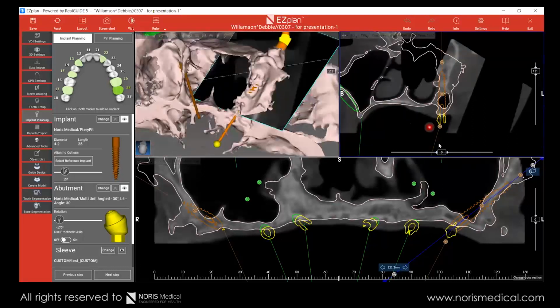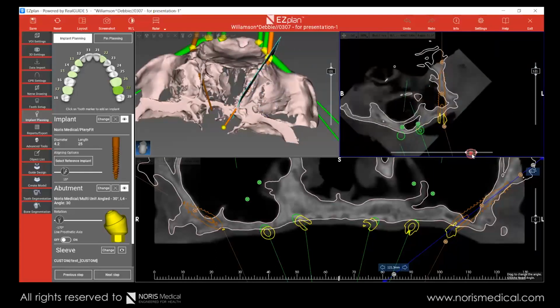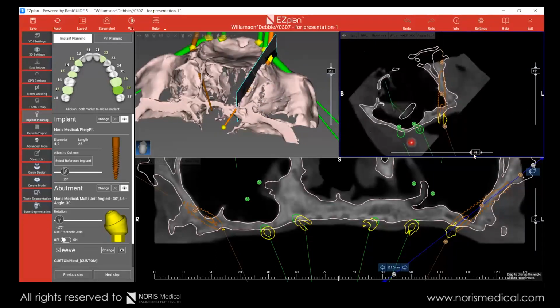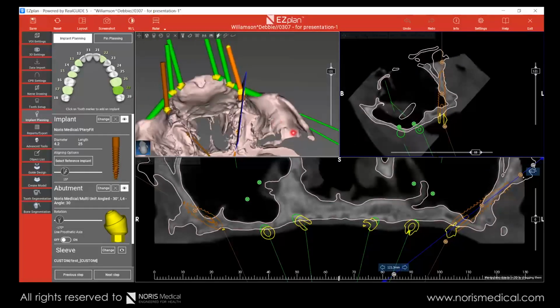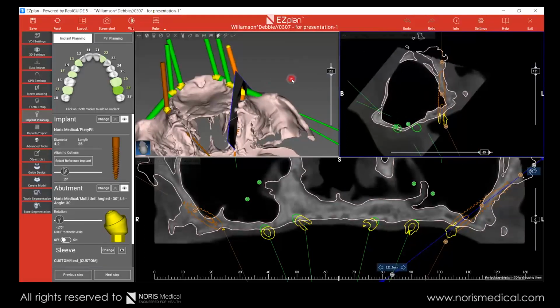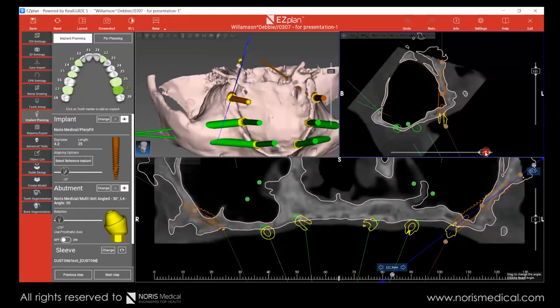Okay, this pterygoid, I will rotate it. When I look at it from this direction, the direction of, as I said before, the hamulus, the plane that we're looking at, we see that we're perforating the sinus and going to the bone.